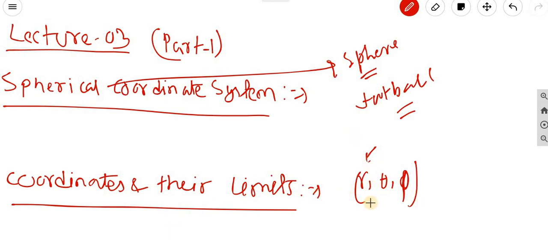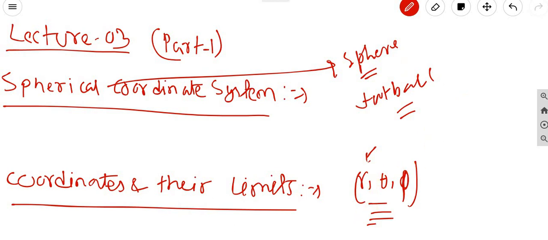So firstly we have to define these parameters, what the parameters are and what the limits are. So let's go into the 3D configuration, where we will define these coordinates of the spherical coordinate system.